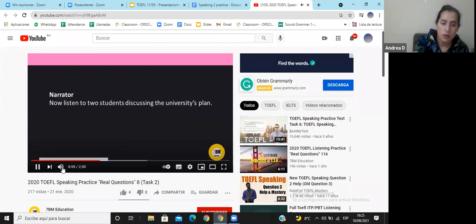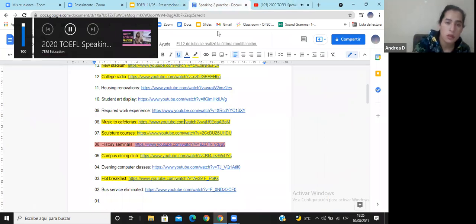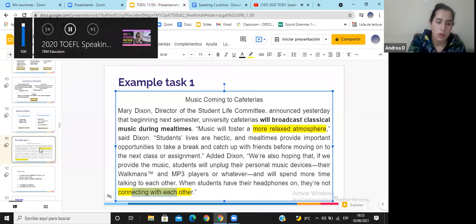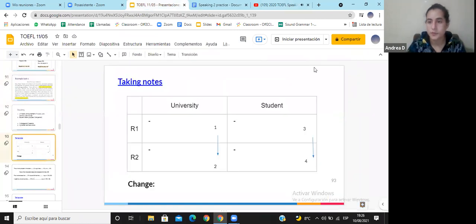Now listen to two students discussing the university's plan. This article? Are they serious? Yeah, I think so. Why? Well, first of all, a lot of kids aren't looking for a relaxing break at lunchtime. They like to study while they eat, especially if they have exams coming up or some assignment they have to get done. Yeah, that's true. And now they won't be able to concentrate. This is going to be very distracting.